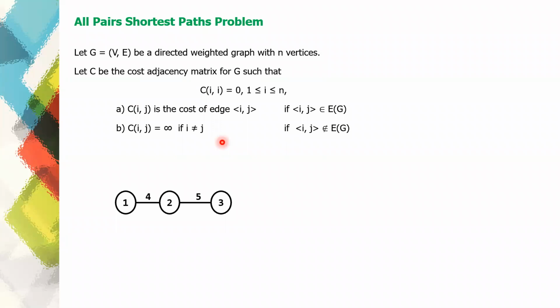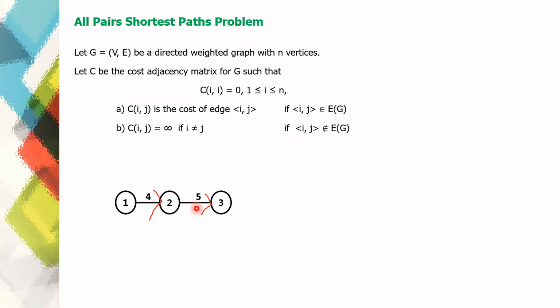For example, consider this graph. I'll assume that this is a directed graph with the paths. There are 3 nodes and there are 2 edges, and each of these edges is associated with a weight.